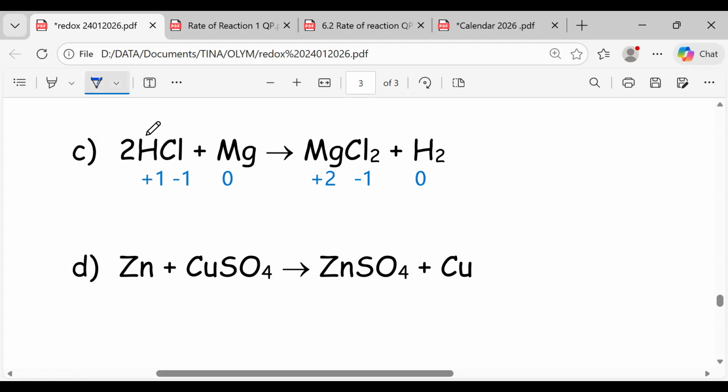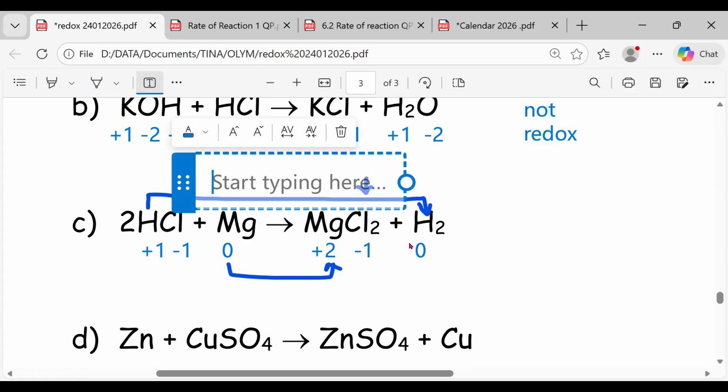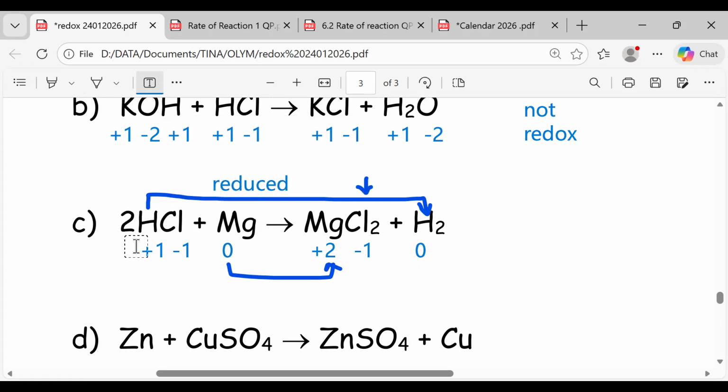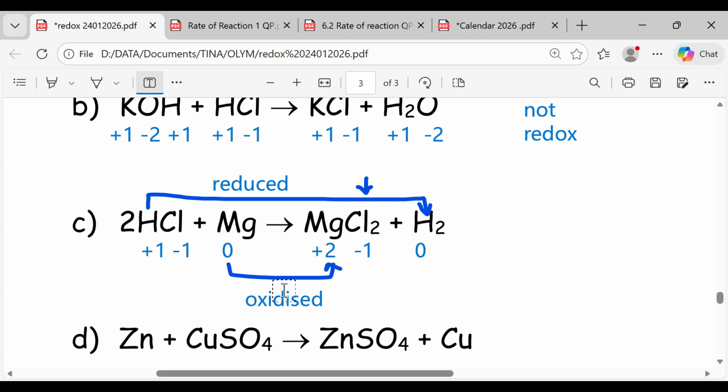Chlorine doesn't change, but hydrogen goes from positive 1 to 0, up or down? Magnesium from 0 to positive 2, goes up. Do I need to consider the number in front? No, of course not. So hydrogen is reduced from positive 1 to 0. Magnesium is oxidized, from 0 to positive 2.